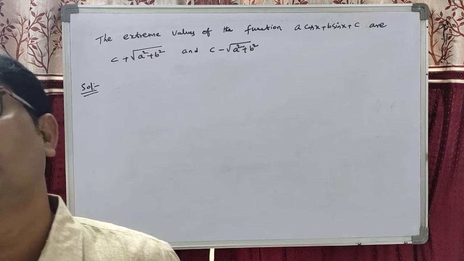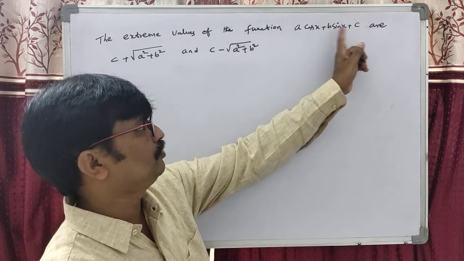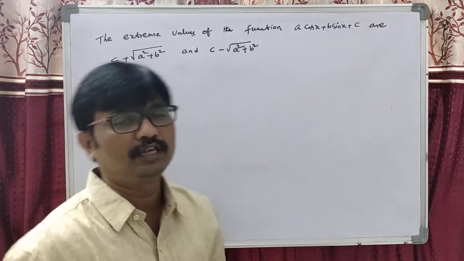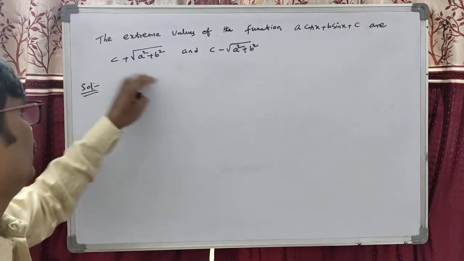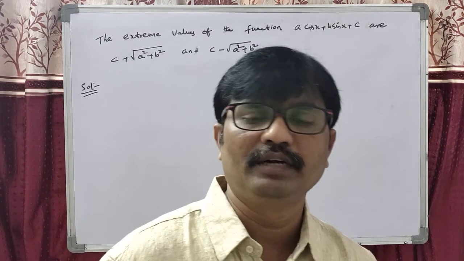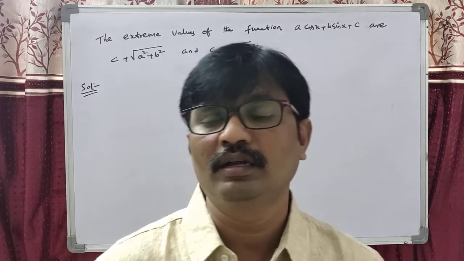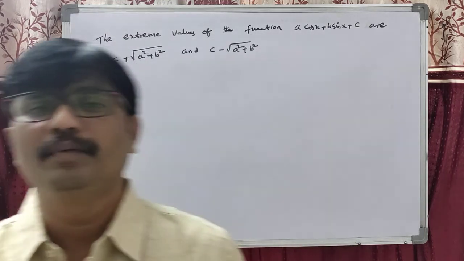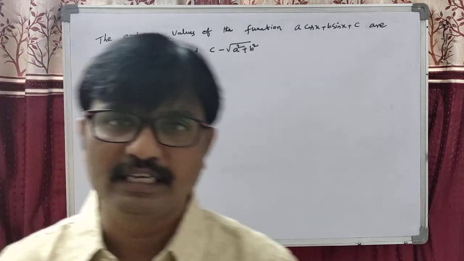The minimum value is c minus root of a square plus b square. The maximum value is c plus root of a square plus b square. One more thing: the minimum and maximum values of cos theta are minus 1 and 1, and the minimum value of sin theta is minus 1 and the maximum value is 1.